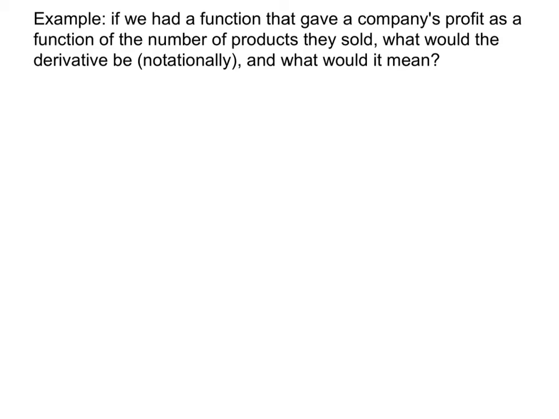Suppose that we had a function that gave some company's profit as a function of the number of products that they sold. So we would have a function that said our profit is some function of the number of things that we sold. My question is, what would the derivative be notationally, and what would that derivative mean?